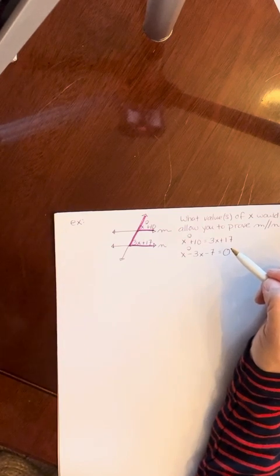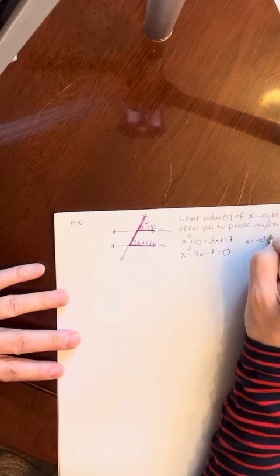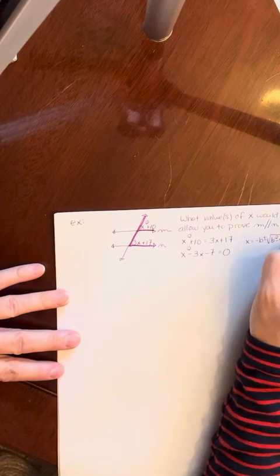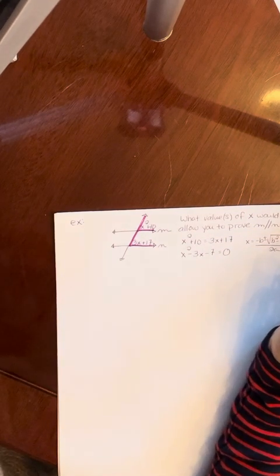So this might also be an opportunity for you to remember the quadratic formula. x equals negative b plus or minus the square root of b squared minus 4ac, all over 2a. Remember that catechism from last year? We said it every single day.